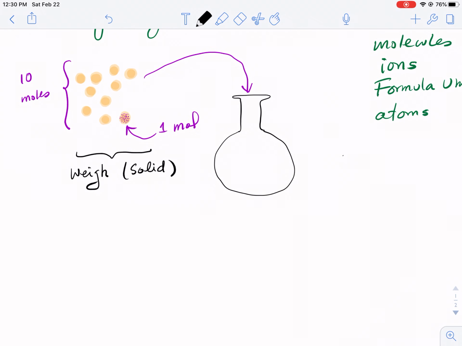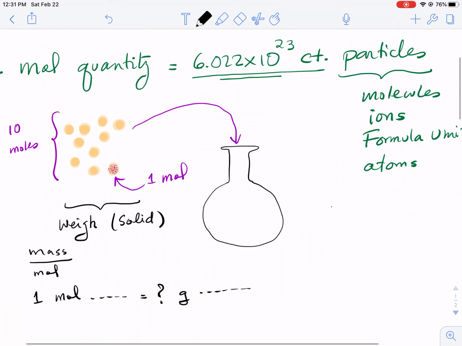And in order to find out how many grams of these particles, we need to have a mass to mole conversion. In other words, 1 mole of these particles would weigh how many grams of these particles. And where I put the dotted lines, you could put molecules, ions, formula units and atoms.